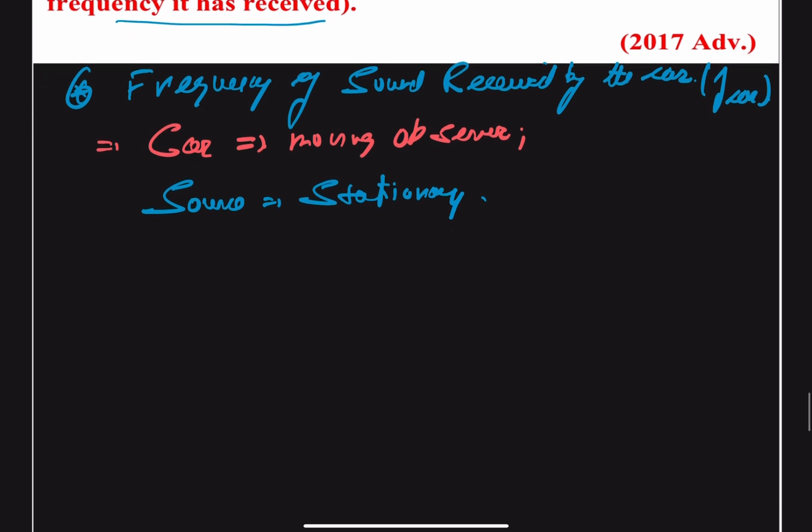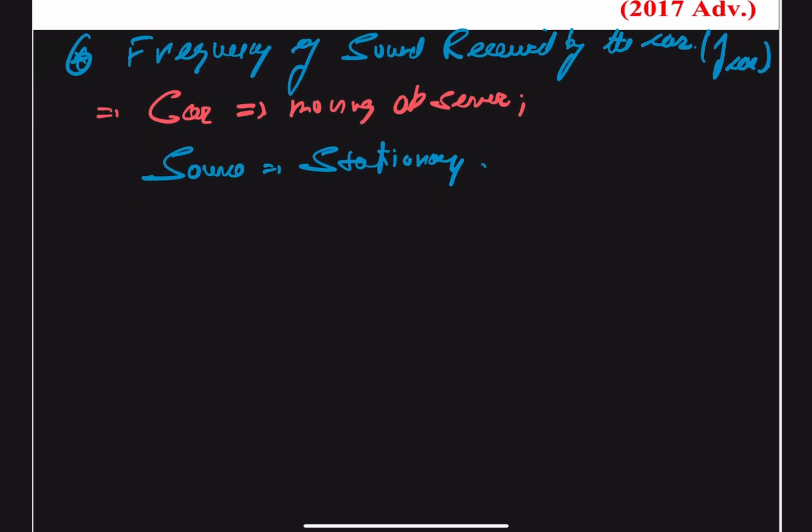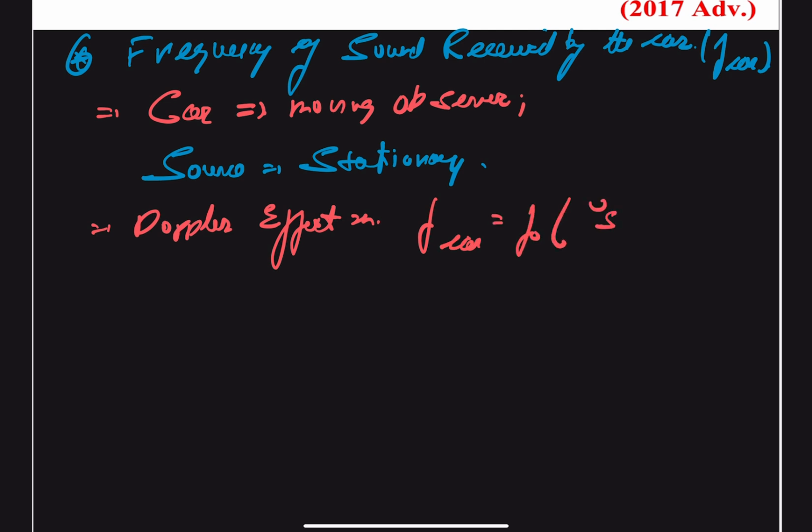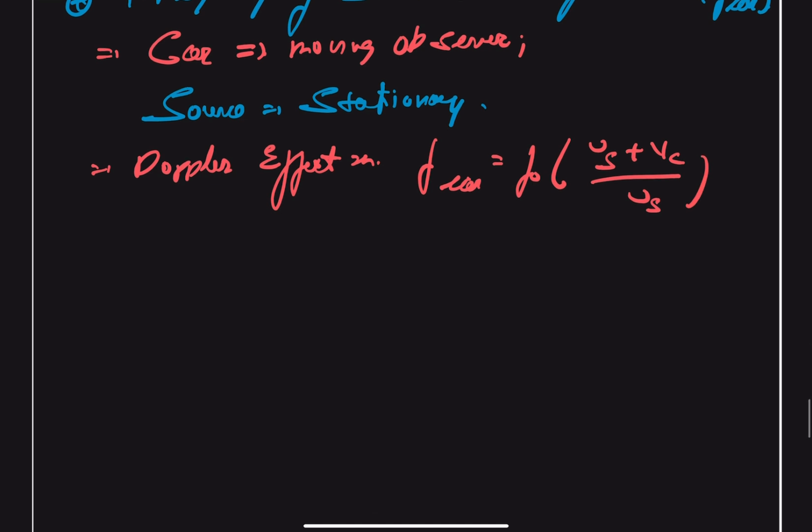So we can write the Doppler effect equation, that our F car will be equal to F naught times (Vs plus Vc) divided by Vs. So here Vs is velocity of sound and Vc is the velocity of the car.